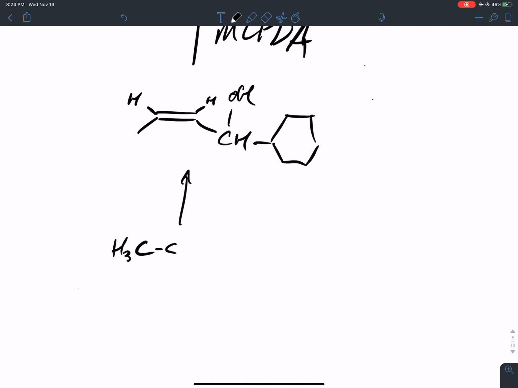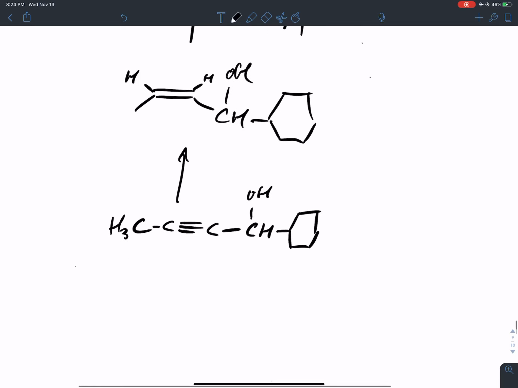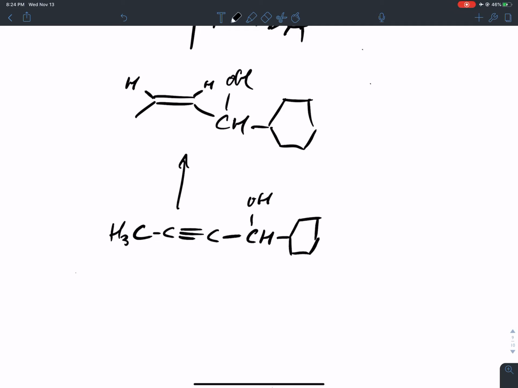H3C, C triple bond to a C, CH, OH, and our ring. Great. So we reduced a triple bond to a cis double bond.